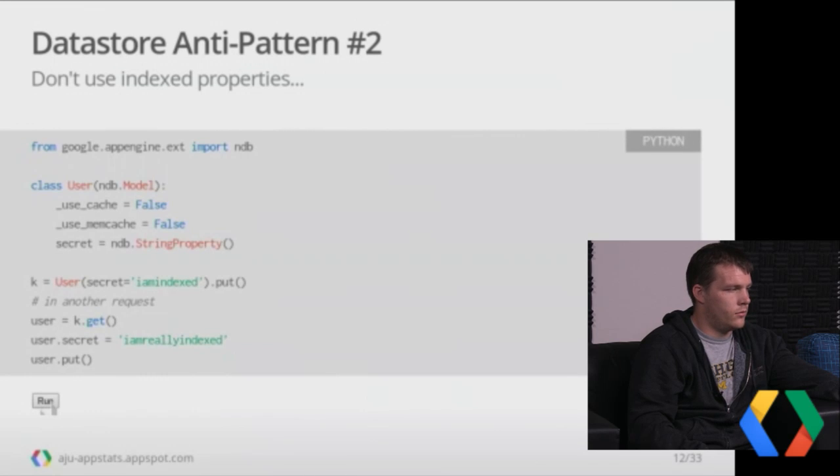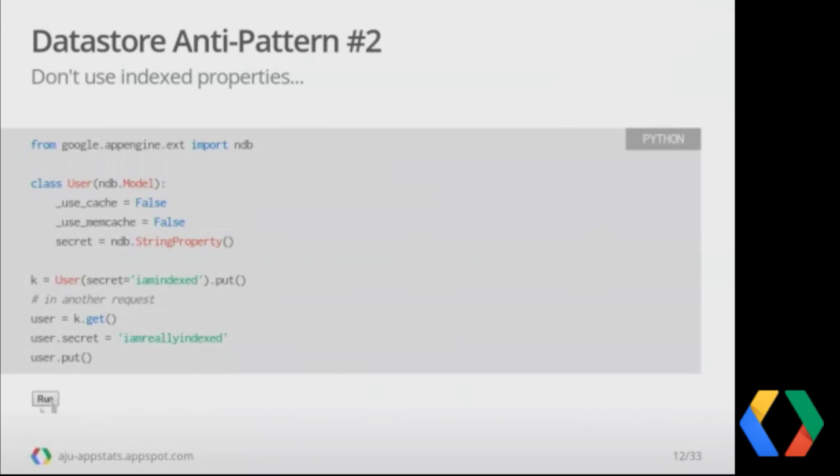You might often have entities with only a few fields needing to be queried on, and a lot of them just there to persist the data. Okay, so the default is to essentially index everything. And so here's anti-pattern number 2, where we're not really paying attention to our indexes.